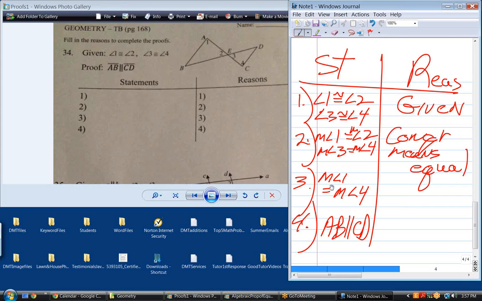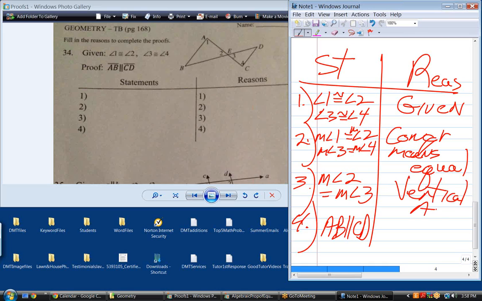Hold on. Yeah, 2 is equal to 3. That's the middle one. We didn't prove that. Measurement of angle 2 is equal to the measurement of angle 3 based on what reason? Vertical angles.